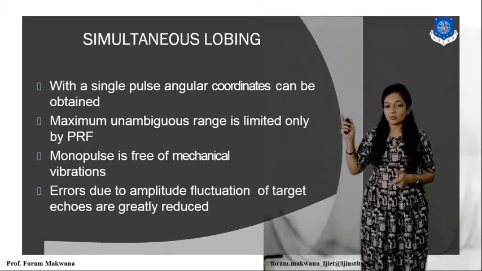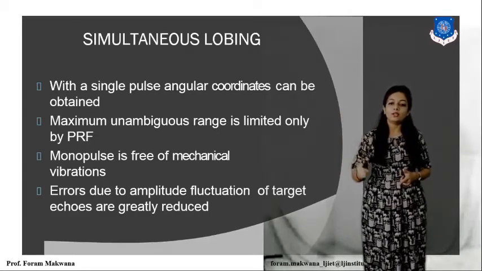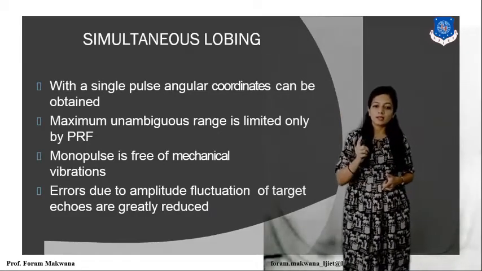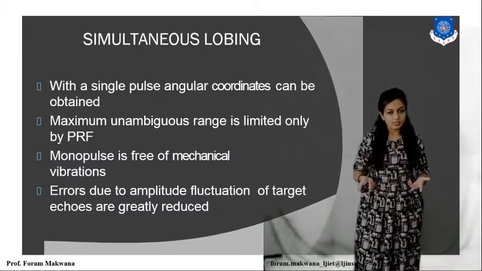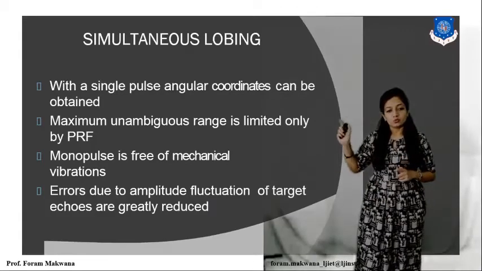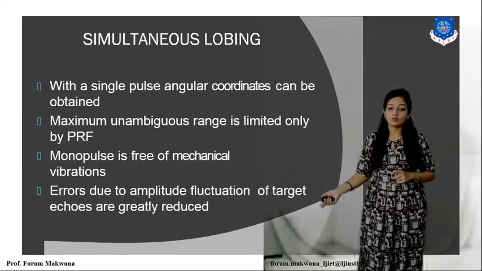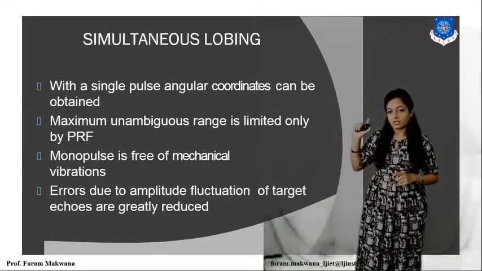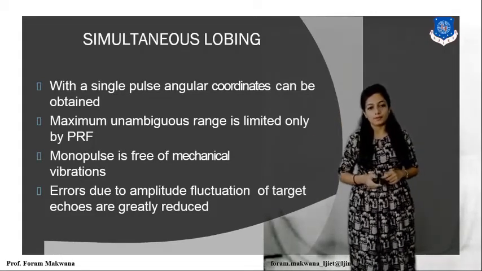This simultaneous lobing, which includes the monopulse, means we only transmit a single pulse, which is free of mechanical vibration, and the error due to the amplitude fluctuation of target echoes is reduced with the help of simultaneous lobing.